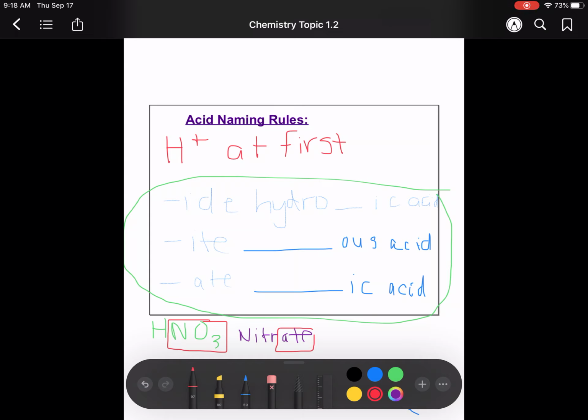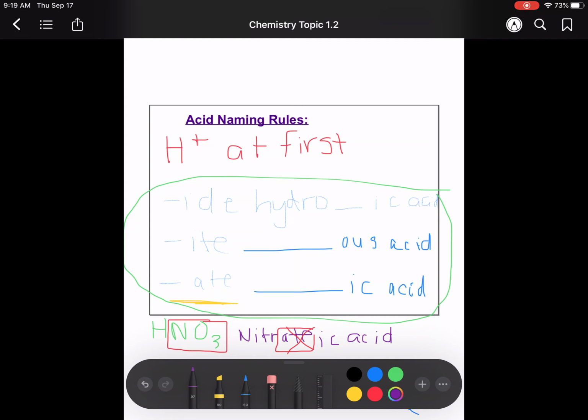All right. So that brings us back to our acid naming rules, which we see "ate" right here. Ate would be a something-ic acid. So all we do here is we take off the "ate" and then we add "ic acid." So that ends up being nitric acid.